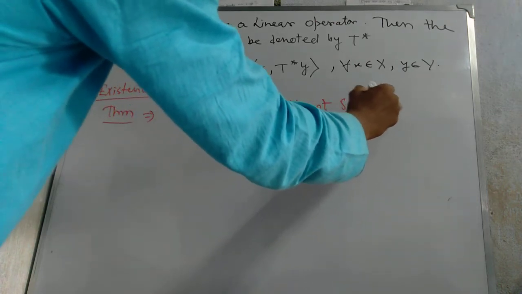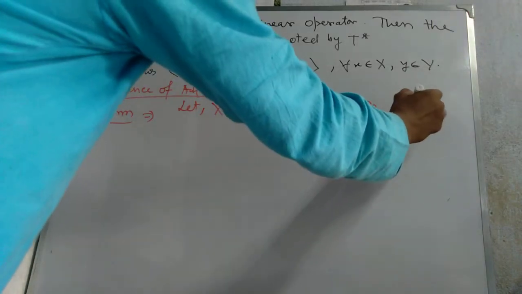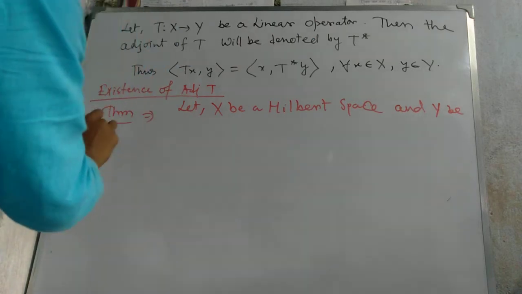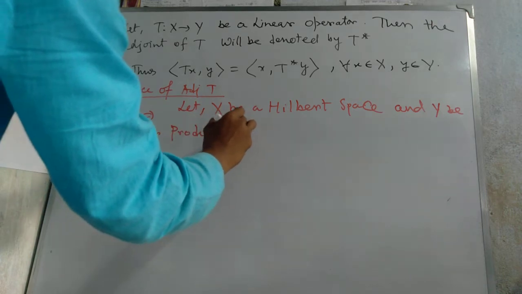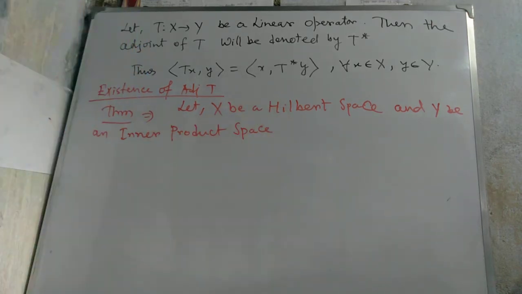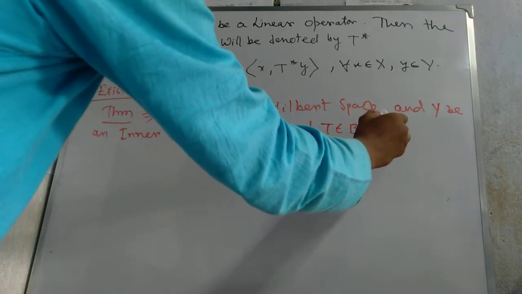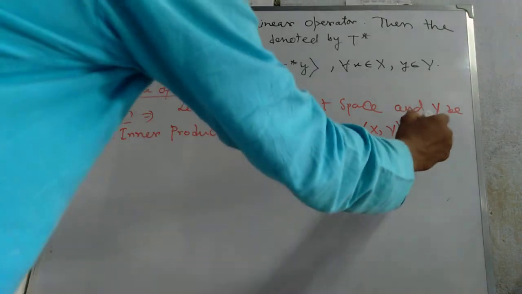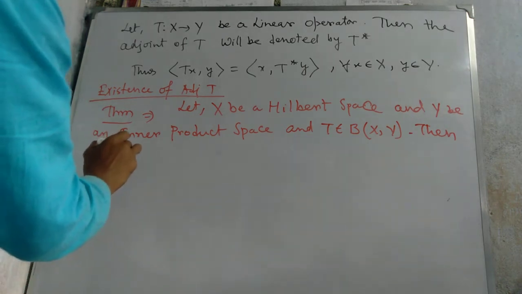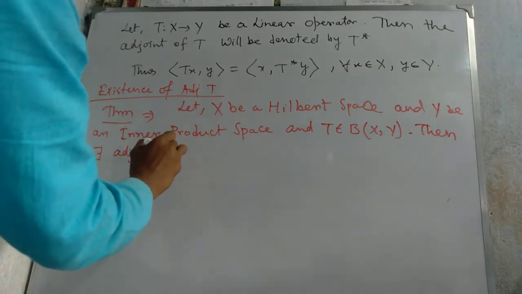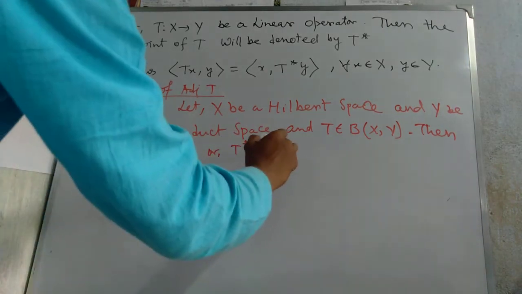Let X be a Hilbert space and Y be an inner product space, and T belongs to B(X, Y). Then there exists an adjoint of T, that is, T star exists.